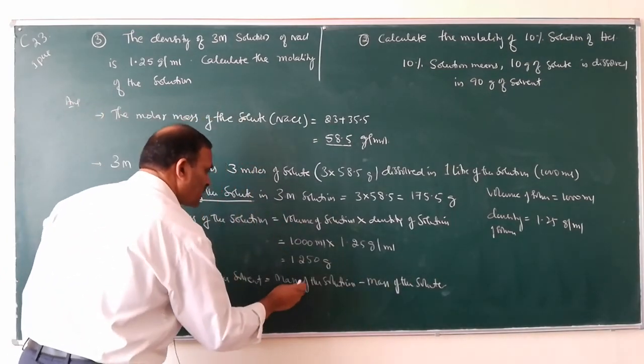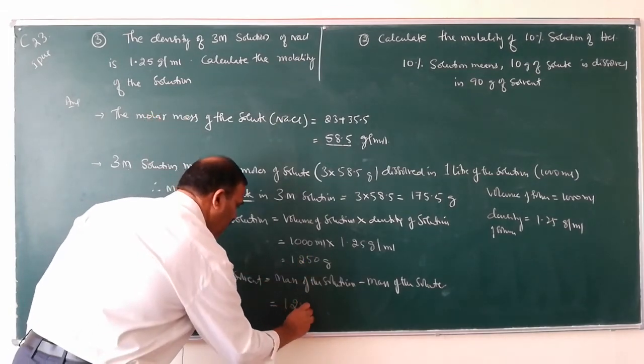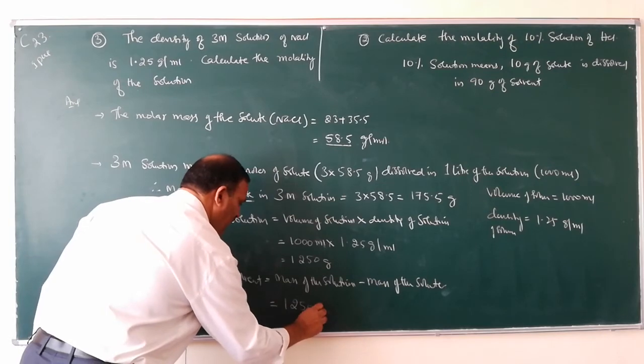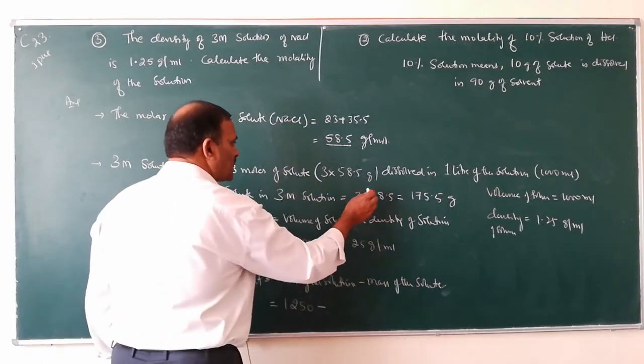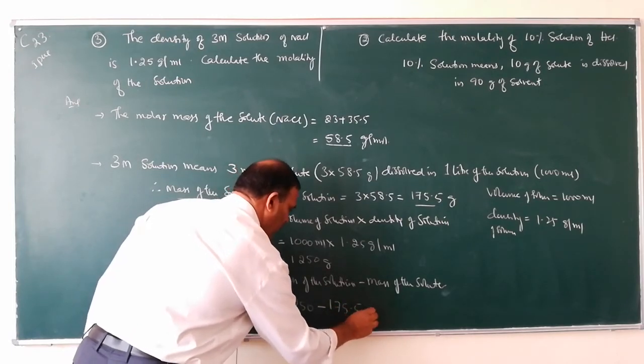So mass of the solution is equal to how much? 1250 gram minus mass of the solute, 175.5 gram.